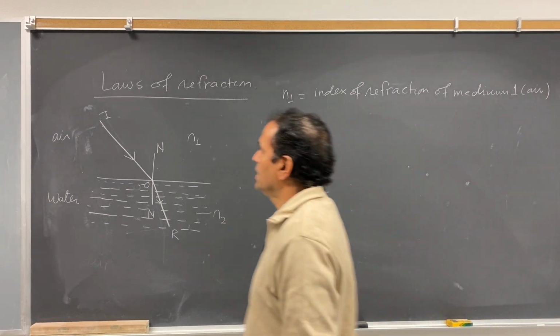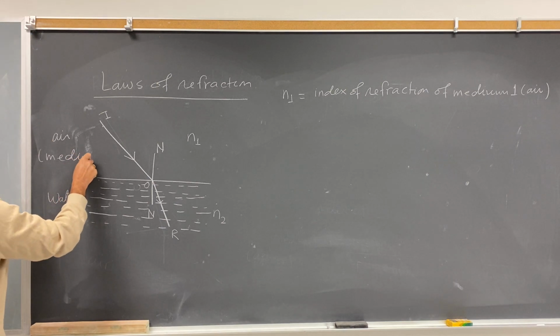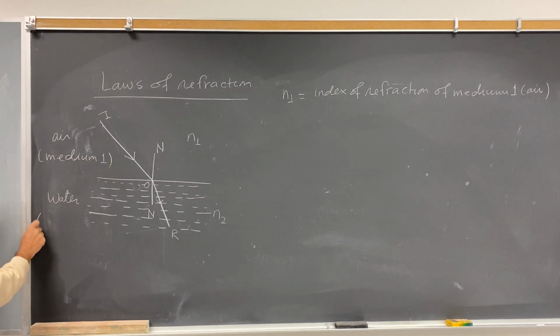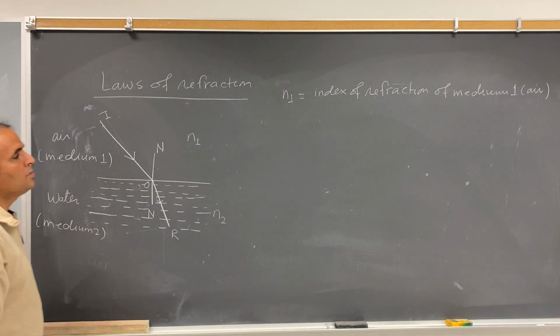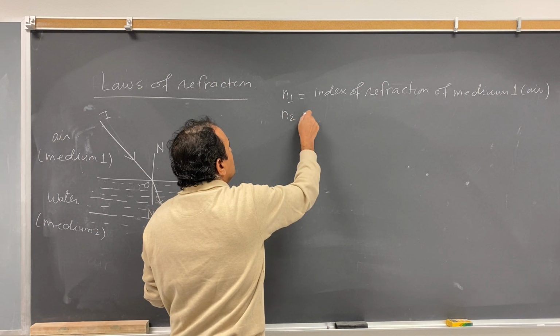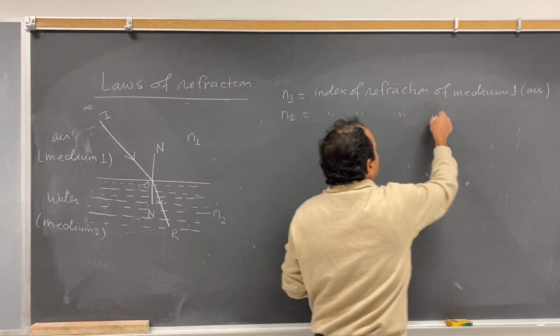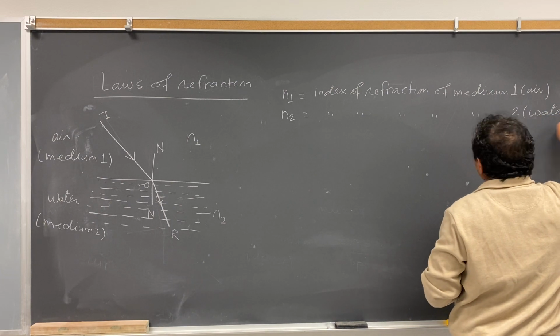This is medium 1. And water is medium 2. So the index of refraction of medium 1 is N1, and N2 is the index of refraction of medium 2. This is water.